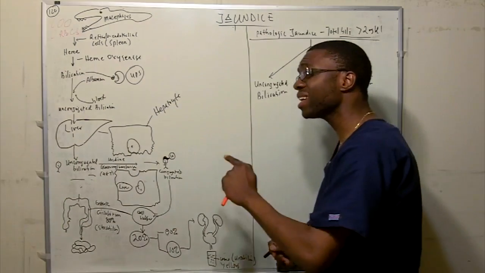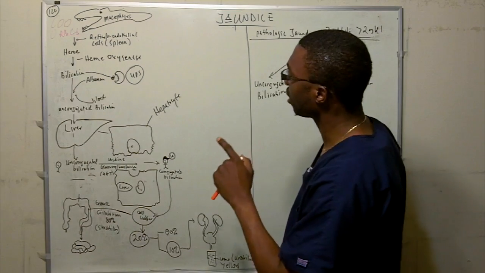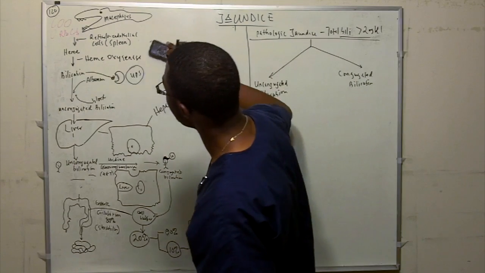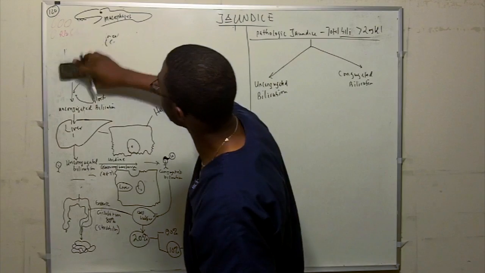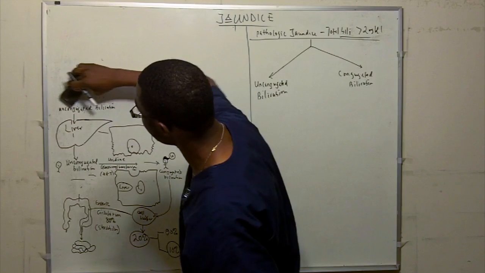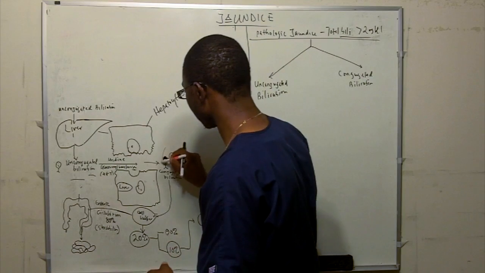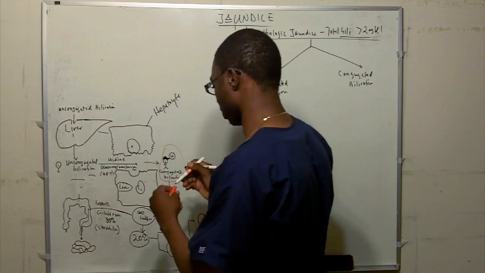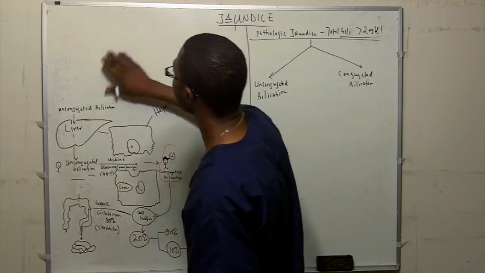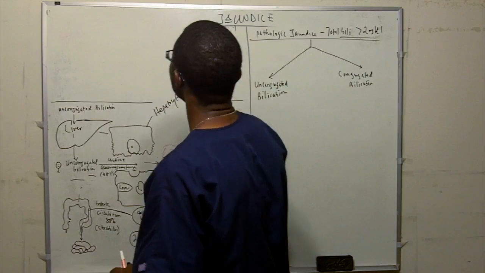So I'm going to have to draw out, actually, we don't have to. I'm going to erase this part since we already know where unconjugated is coming from, and we're just going to leave it from the unconjugated part. Because I want you to see here that once they come out here, this is the conjugated part. But I still have to draw out the anatomy so you can understand a little bit.